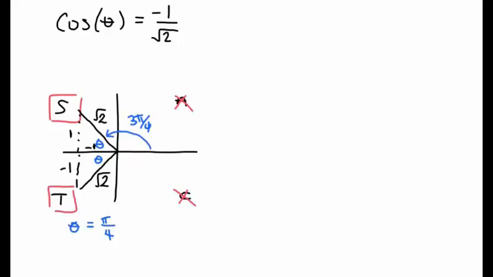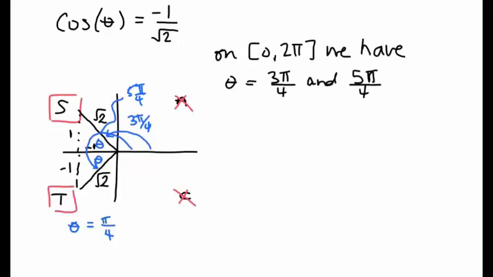And then our second angle of interest is this one here that starts at 0 and goes all the way down to here. That's going to be 4 pi by 4 plus 1 pi by 4. And so that angle is 5 pi by 4. So on our restricted domain, 0 to 2 pi, we have that theta is equal to either 3 pi by 4 or 5 pi by 4.